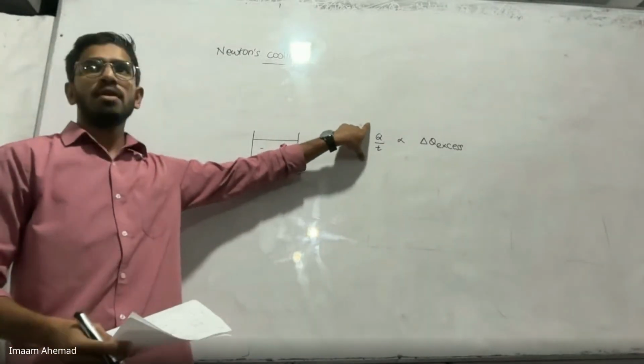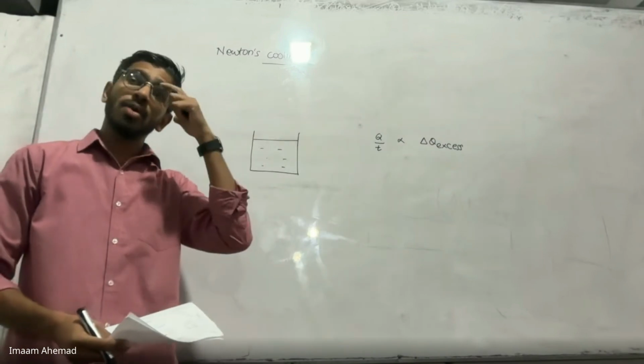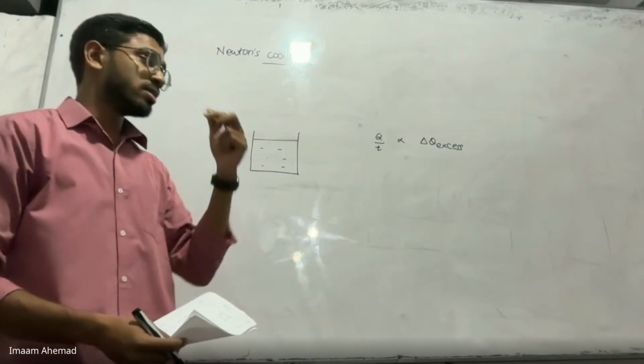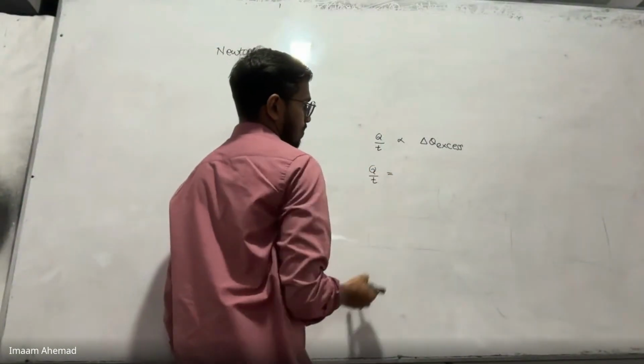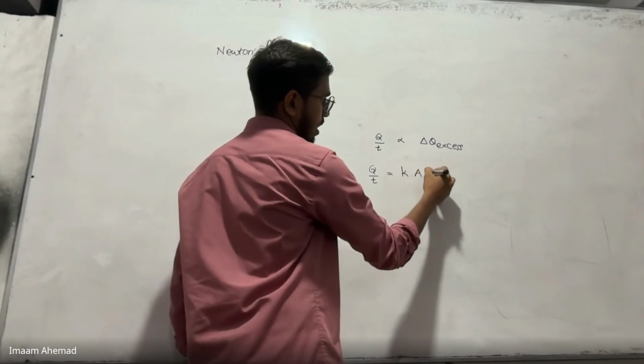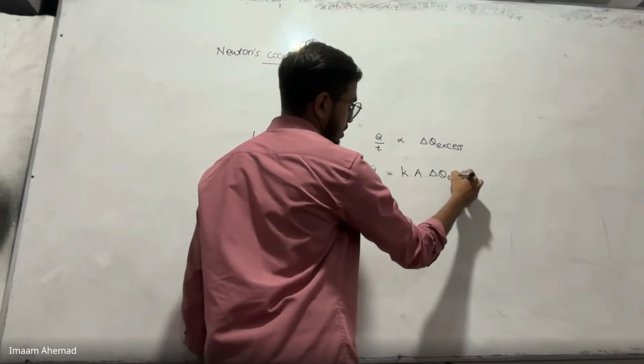Now we have the law, and now we need an equation. To bring that equation, we need to put the remaining constants. So we know that it is K A times the excess temperature.